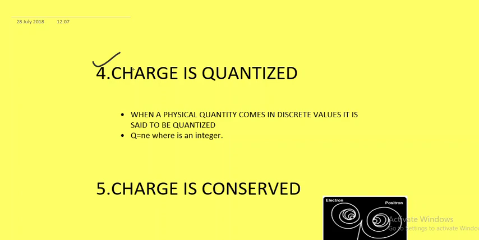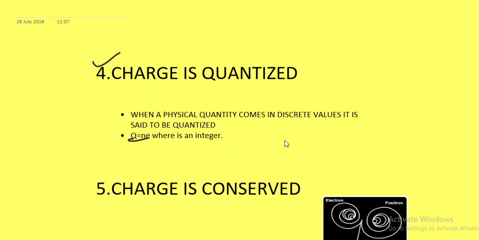And we believe that the charge acquired by a body is equal to integral multiples of the charge on the electron.